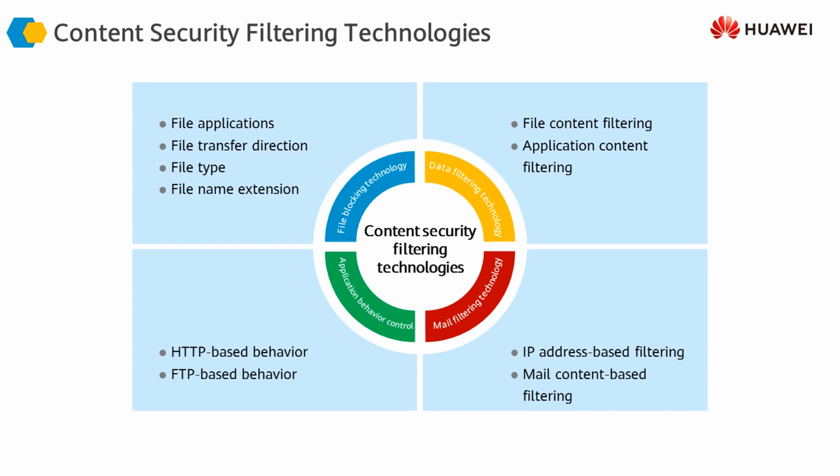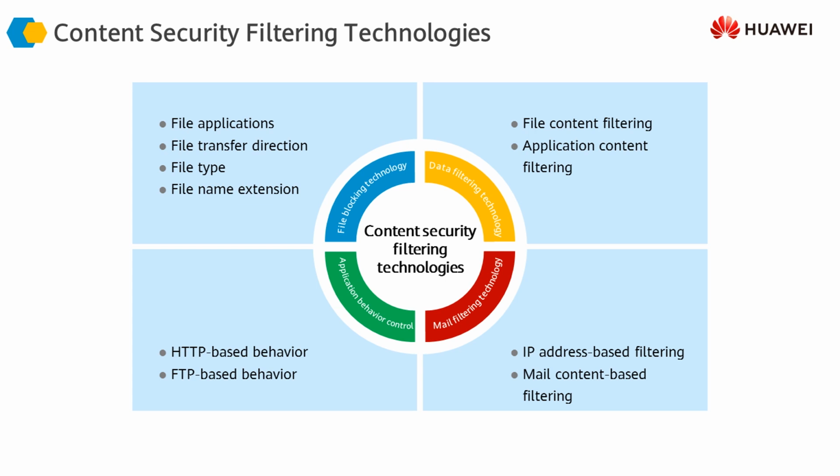Similarly, the data filtering technology is when we get into the files. It's not that we are blocking the complete files; we're looking at the contents of either the files or the traffic moving through our network, and we are filtering the traffic based on those contents. So we are actually filtering the data, not blocking the files. This is a little more complicated and gets more into the details of things.